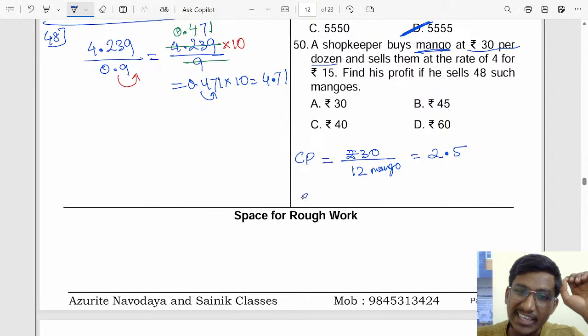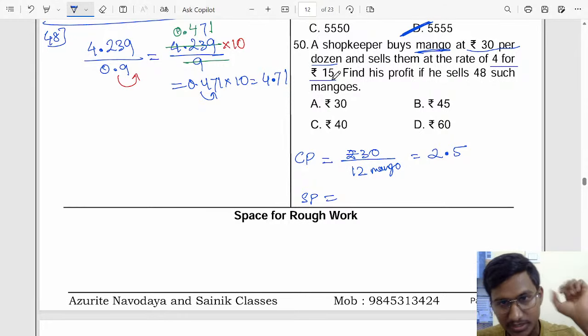And then the selling price. He sells at the rate of 4 for 15, that is 4 mangoes for 15 rupees, right?